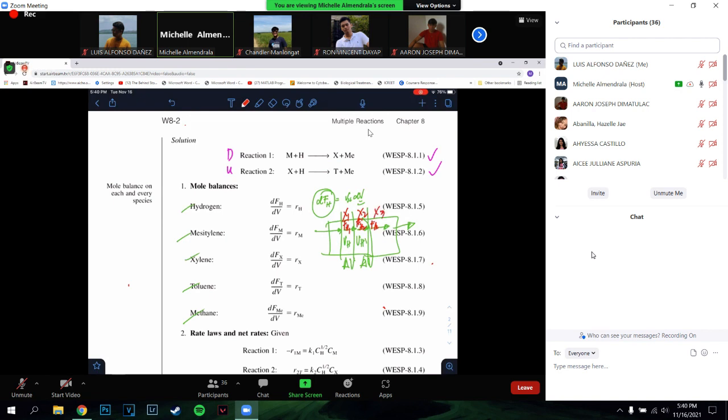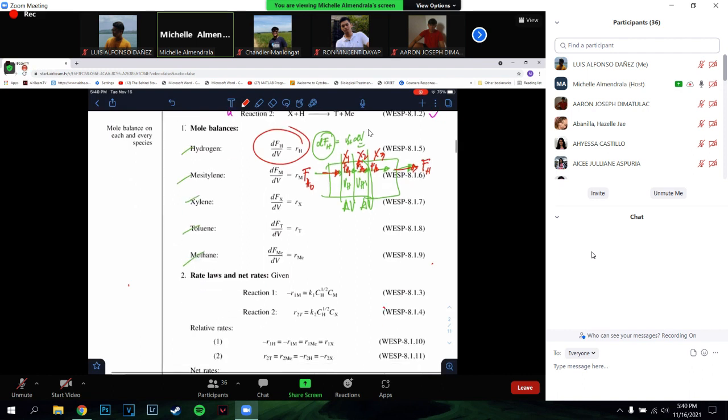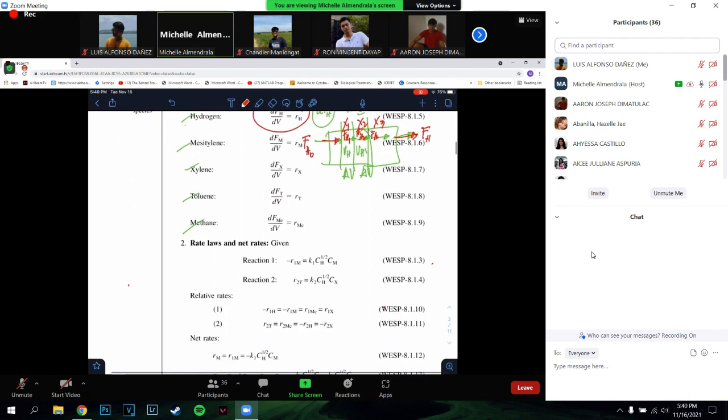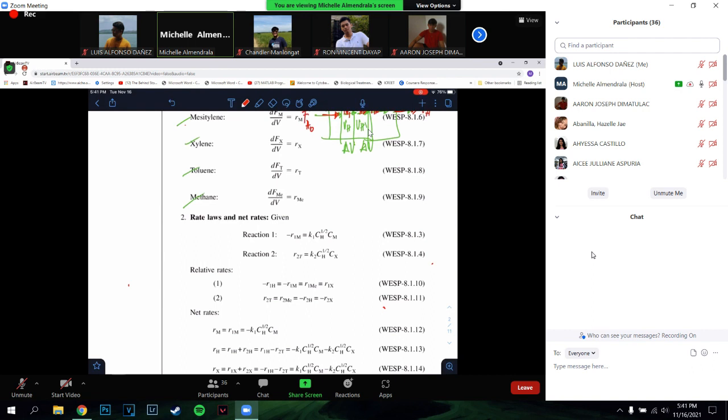So that is a packed bed. And this is the final flow, FH. It will be leaving at FH, the final, and this is the initial, FH sub 0. All right. So you're looking at that change, the differential form. Okay. So the rate law and net rates are given. So these are always given.